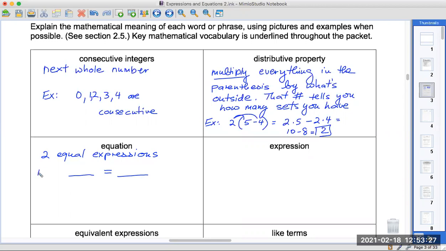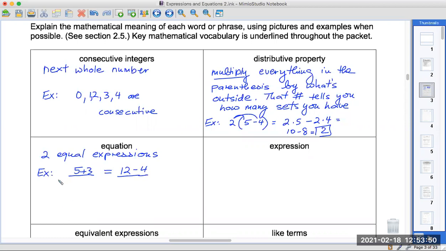So for example, I can say that the value of 5 plus 3 is the same as the value of 12 minus 4. 5 plus 3 is 8, and 12 minus 4 is 8, right? Yep. So if that's true, you have an equation.